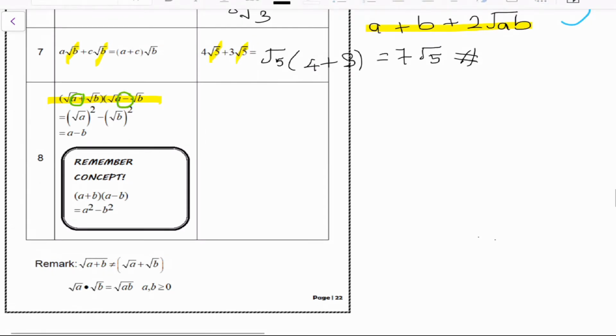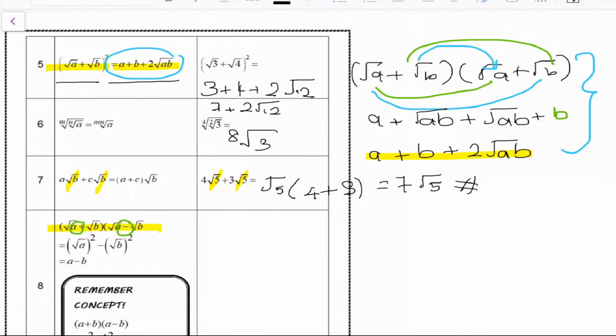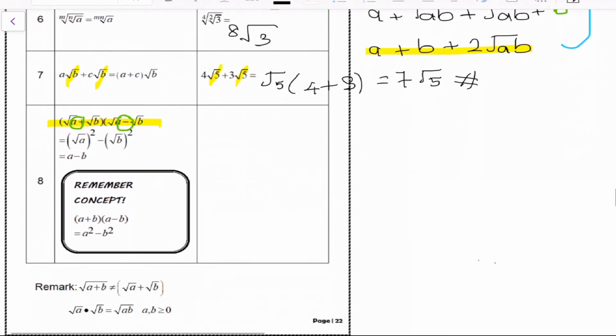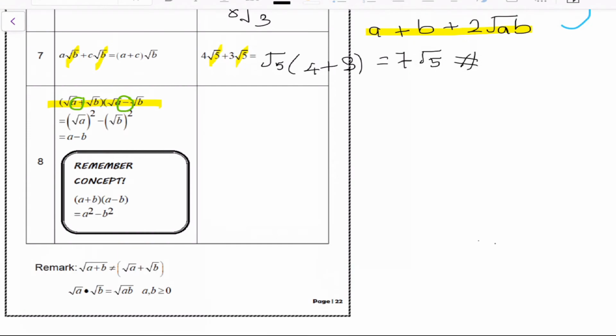If you notice, for rule number 5, we have surd A plus surd B times surd A plus surd B, both signs positive. But now for rule number 8, you have a positive sign times with a negative sign. Alright, so by using this rule, the answer is A minus B.